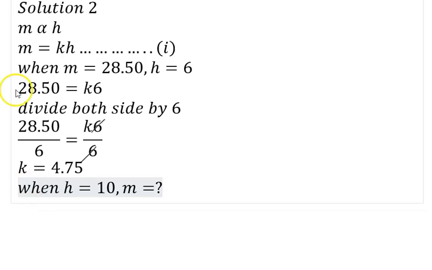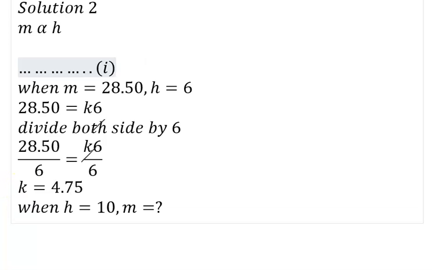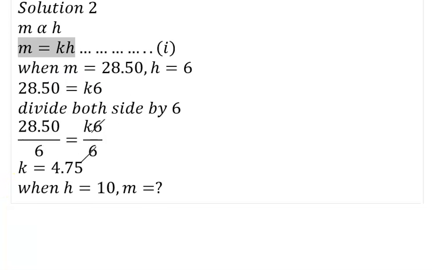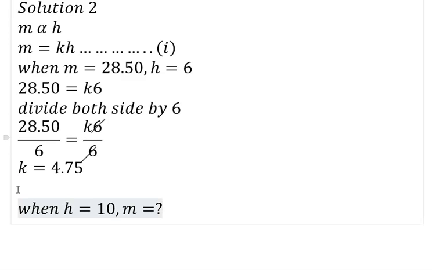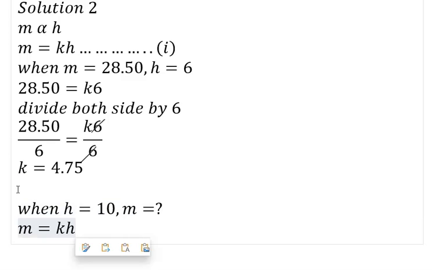So all we just need to do is to go back to our equation 1. Awesome.